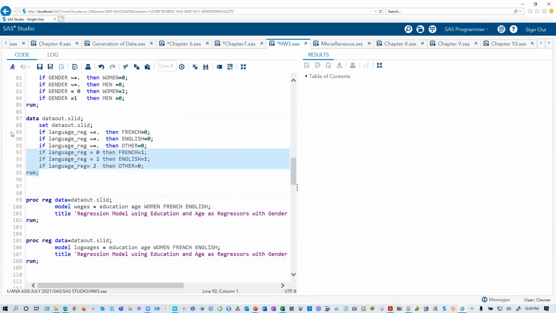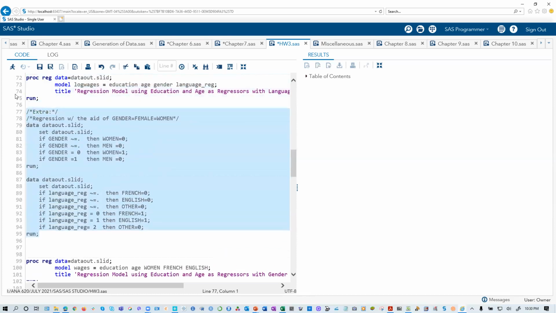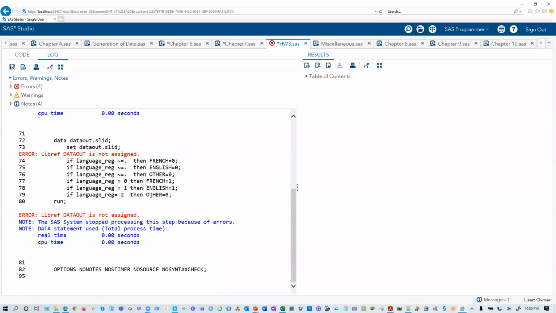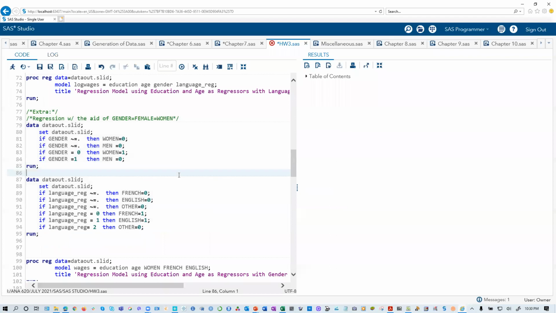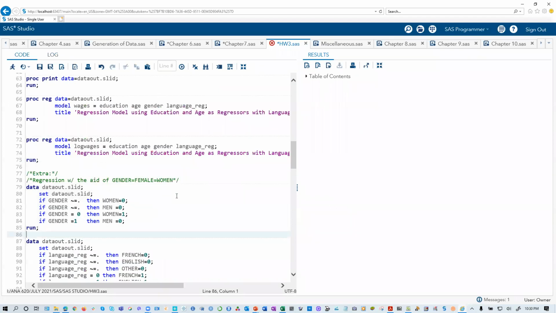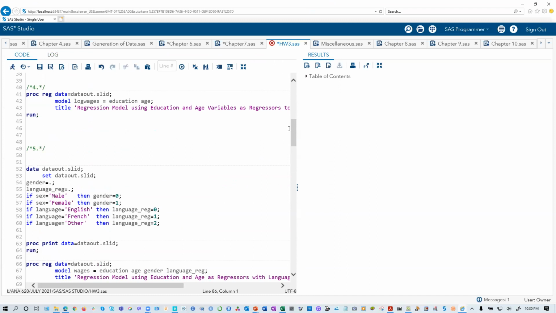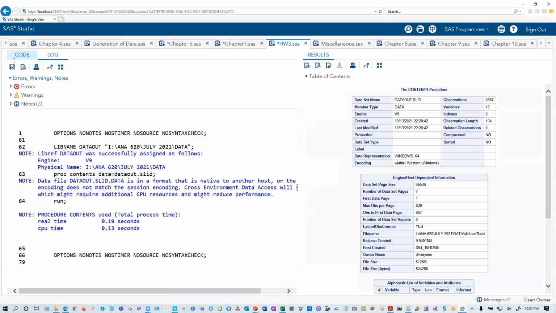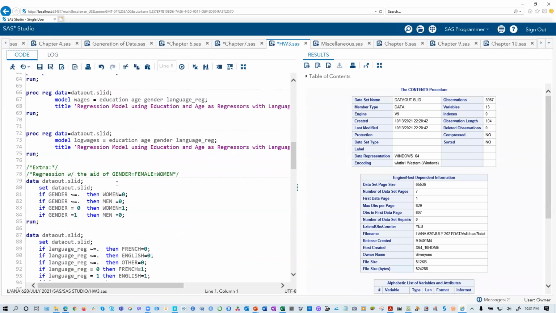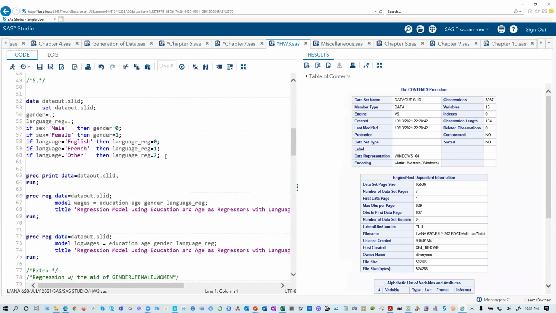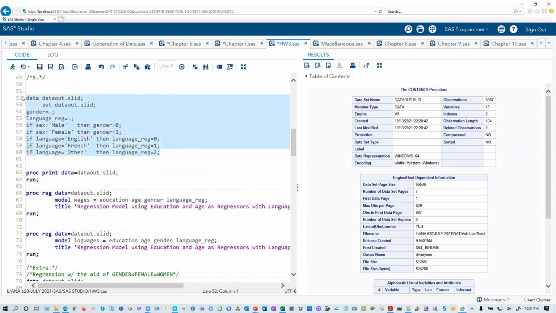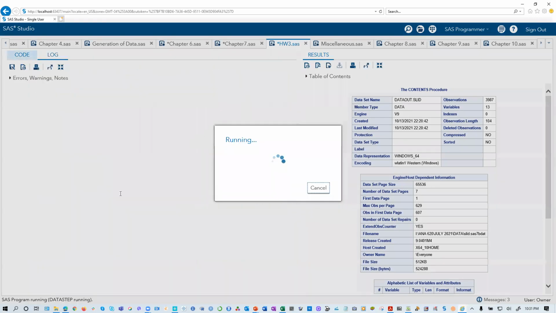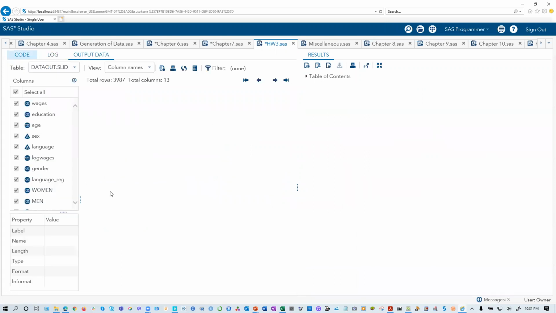So after doing this one, see, because I express, if you want, you can do that way too. Data out is not assigned. Let me see what that means. Data out. Oh yeah, we just started. We go over here. First, we're going to run this one. We have to do that one first, changing that one to giving numeric values.